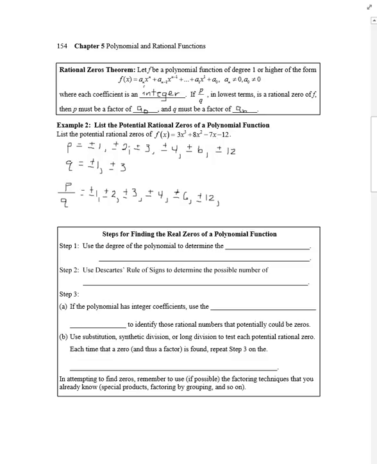Now we have to take all the p's and divide them by the plus or minus 3, which is our other q value. So that gives us plus or minus 1/3, plus or minus 2/3.